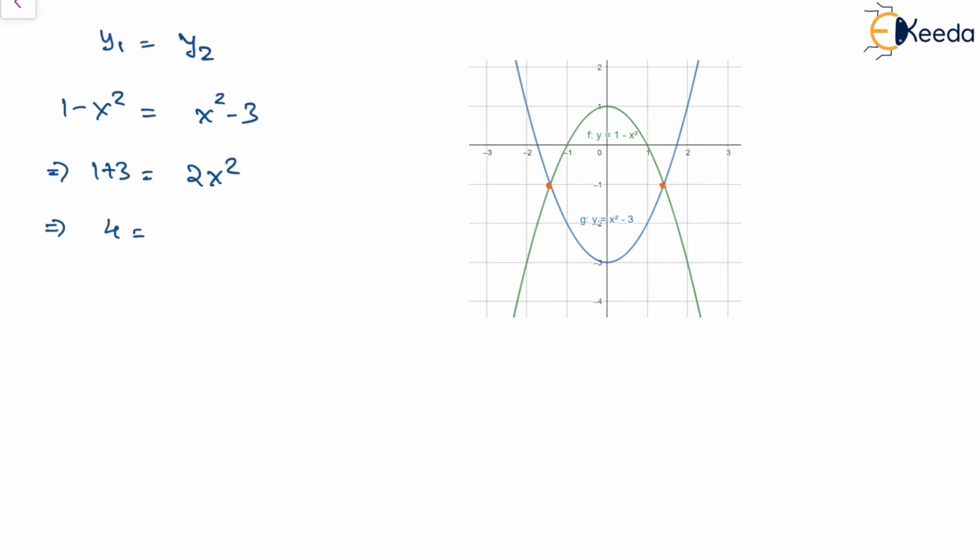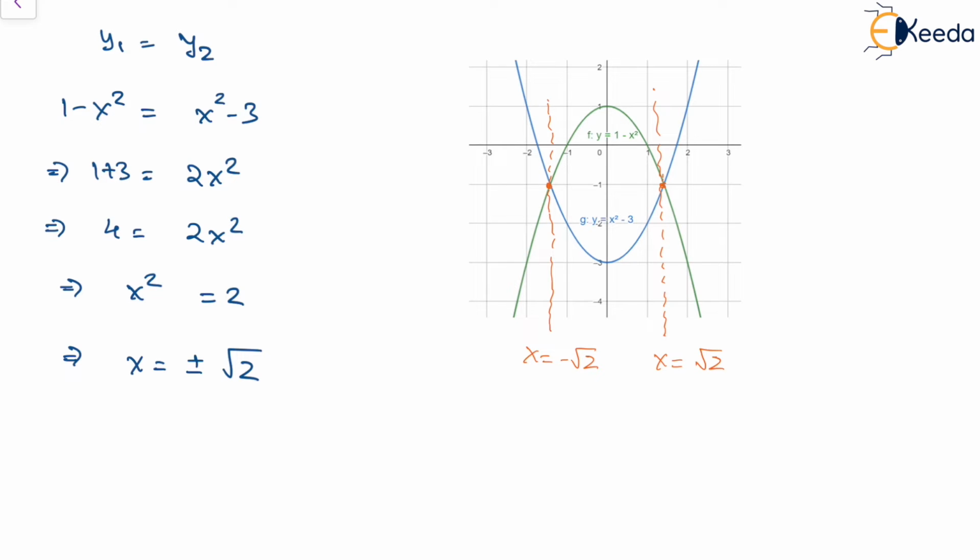So 4 equal to 2x square, or x square equal to 2, or x equal to plus and minus root 2. So it's clear from here that this point is actually x equal to minus root 2, and this one is actually x equal to root 2.